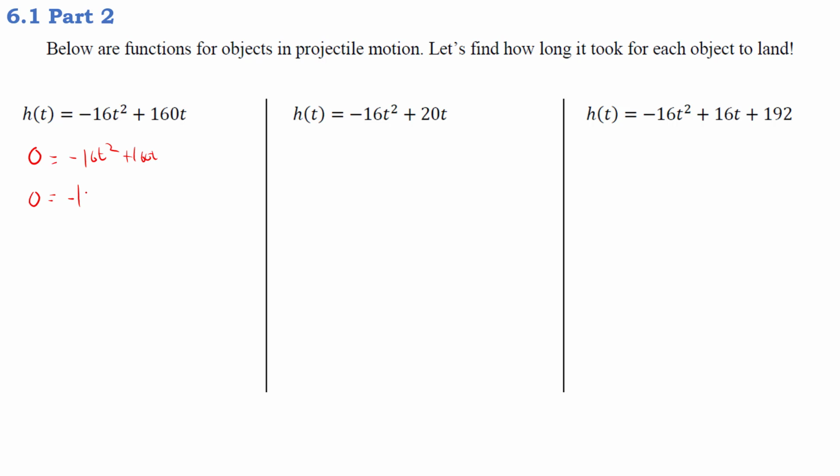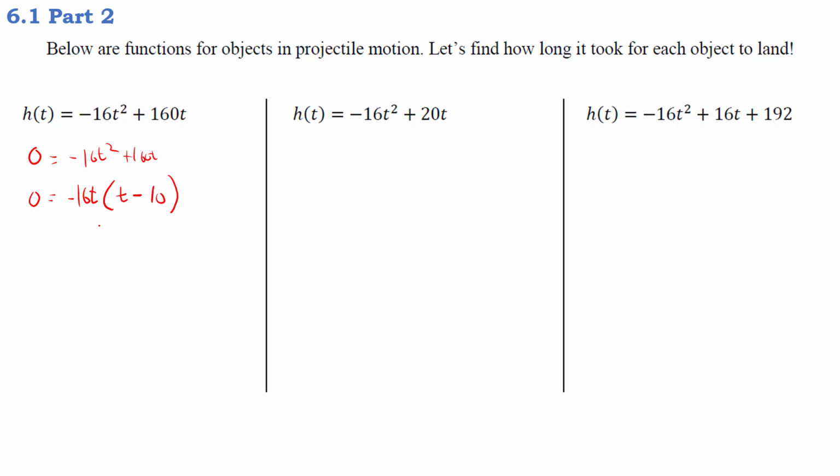We can simply say negative 16t, times the t to get negative 16t squared, minus 10, because negative 16 times a negative 10 gives me positive 160, and there's already a t there, so that gives us 160t.